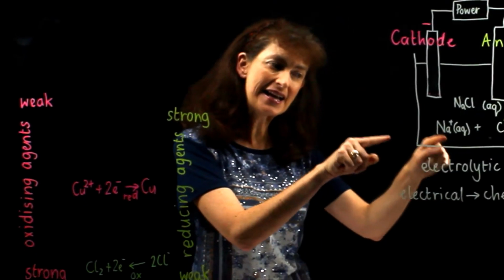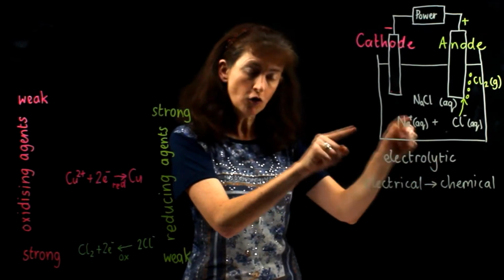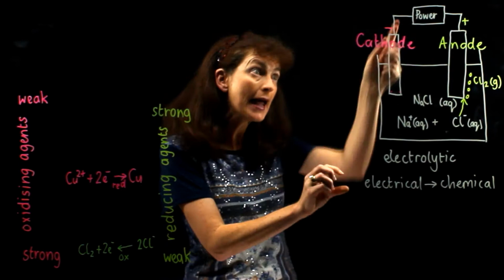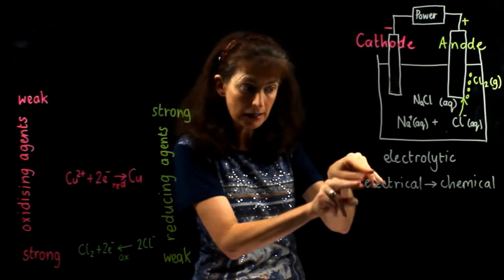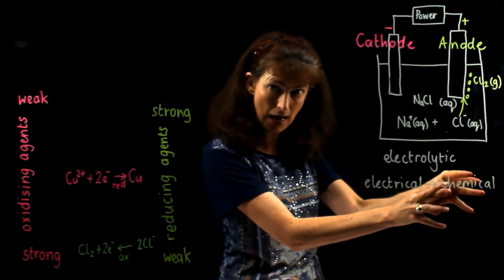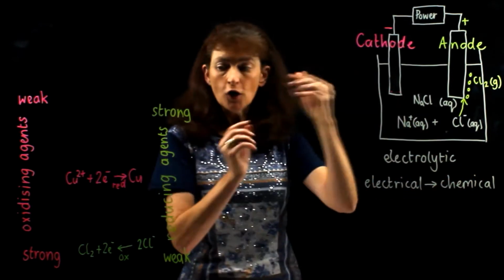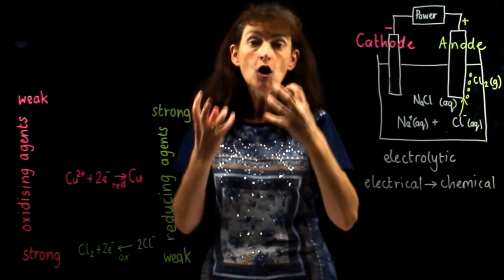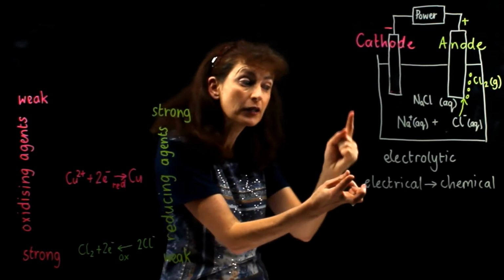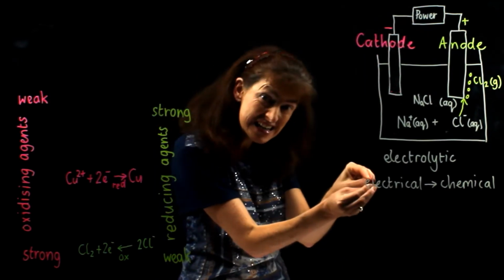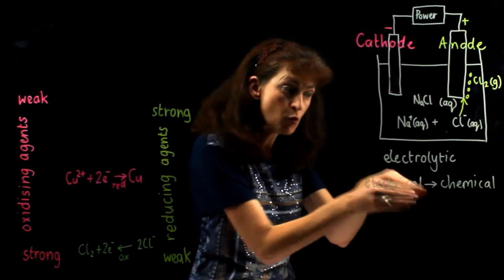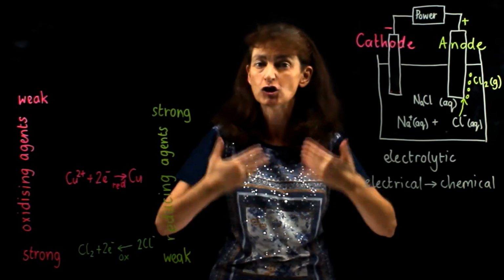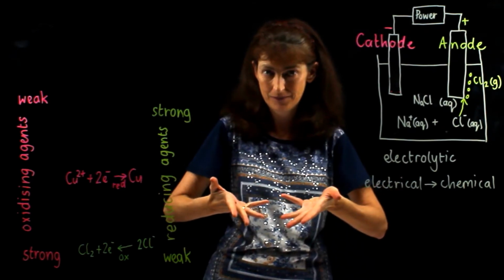Now, in an electrolytic cell, remember that we are putting in energy from a battery to drive a chemical reaction. So the further the two half reactions are from one another, the more electrical energy that battery needs to put in, because it's more difficult to drive that chemical reaction because more energy is needed.